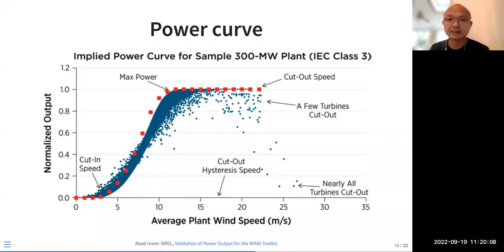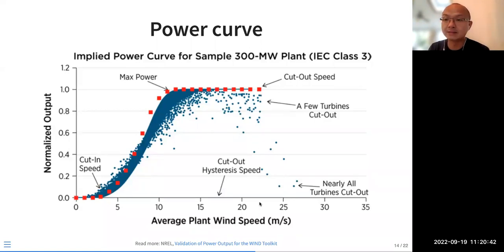And then there is a maximum power that's designed. Because of the mechanics, even if you have higher wind speed, the power reaches its maximum rated power, and it won't continue to get higher. And then there is a cut-out speed.